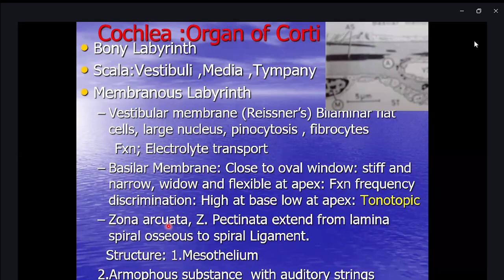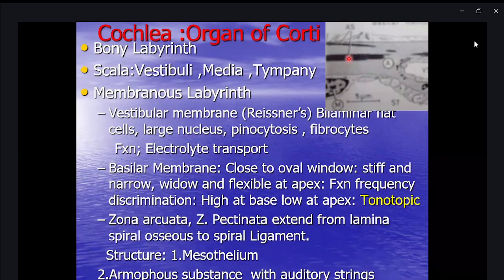The basilar membrane you can also divide into the zona arcuata, where we have the tunnel, very close to the tunnel, and then the zona pectinata. The content of the basilar membrane is an amorphous material with some collagen fibers.